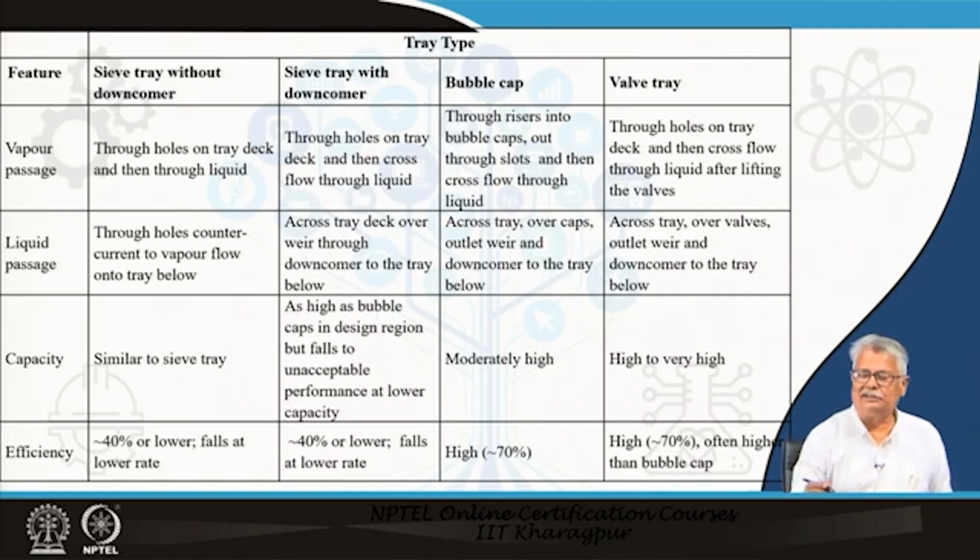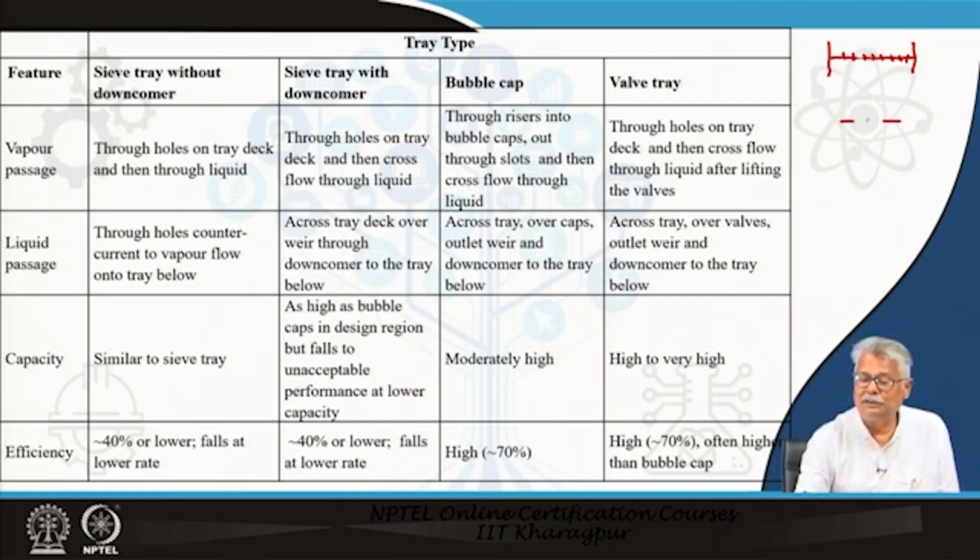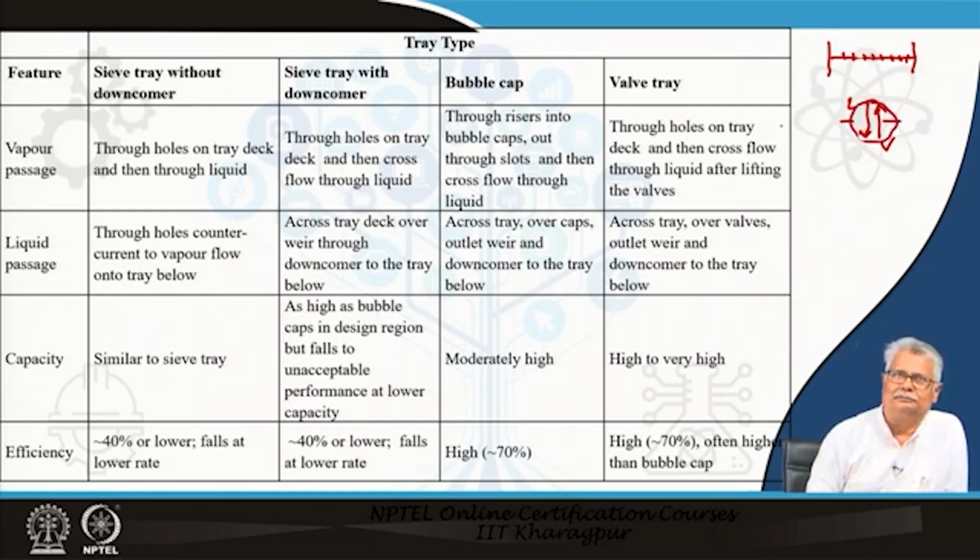That means you just have a tray here with punched holes. Usually the punched hole could be 5-6 millimeters depending on the design, and it is through the same hole that the liquid falls and the vapor goes up. Here you definitely have a good amount of interaction.